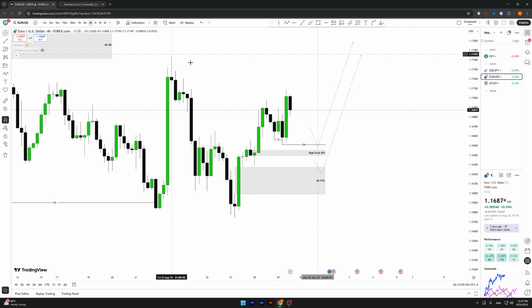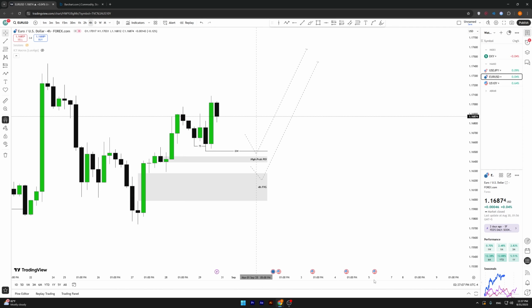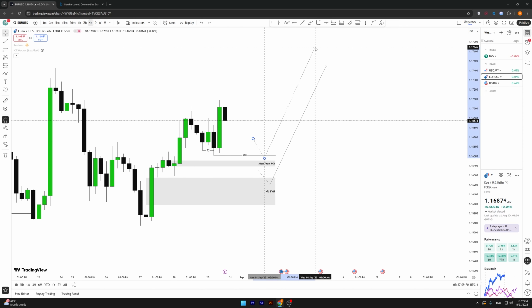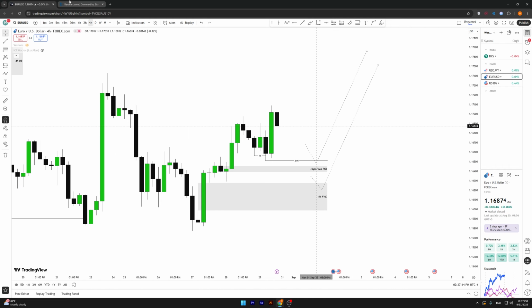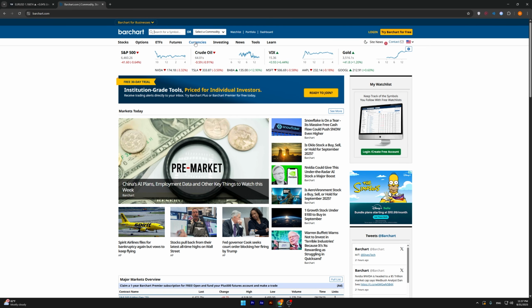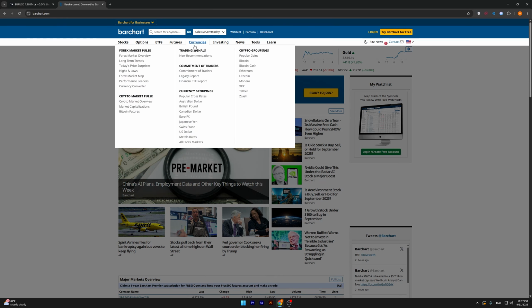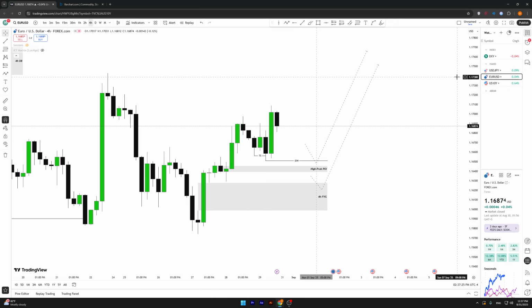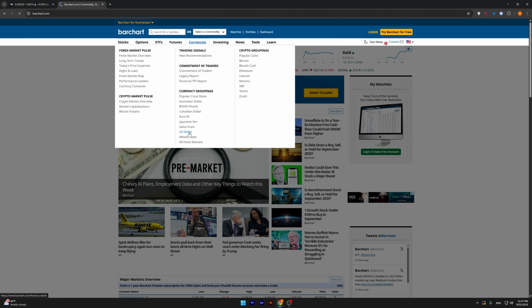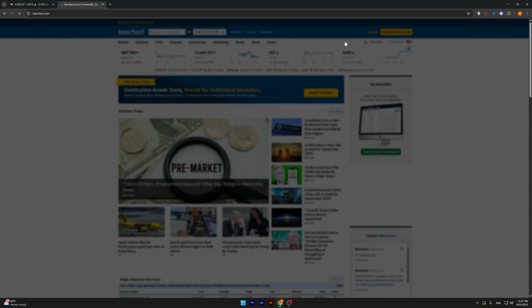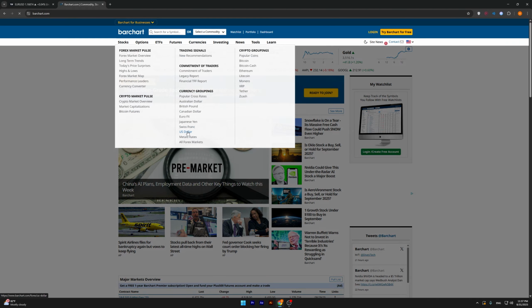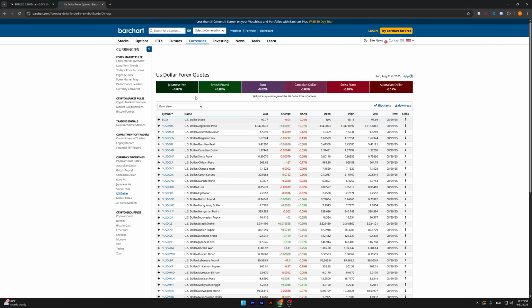Whenever my bias is not clear, I use this simple tip to clear my bias. I go to barchart.com and from the currency section I select my currency. For example, this is my base currency, the common currency in both EURUSD and USDJPY. So I select this US dollar, and then DXY.